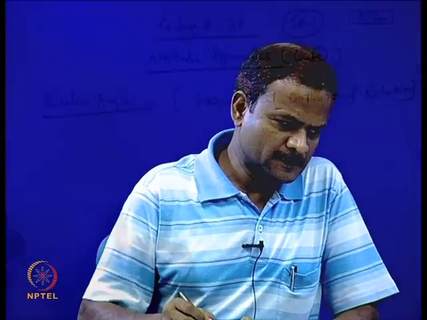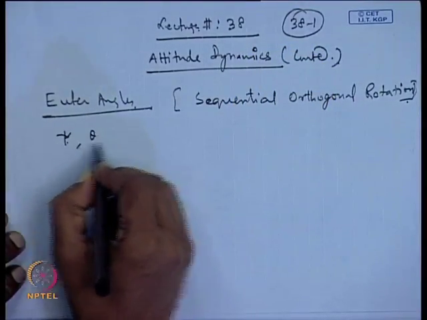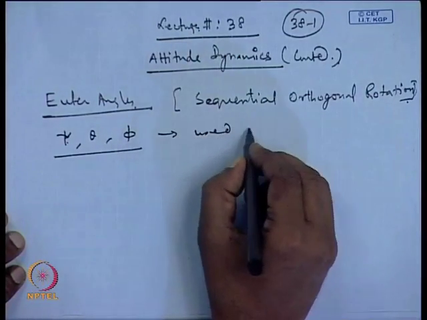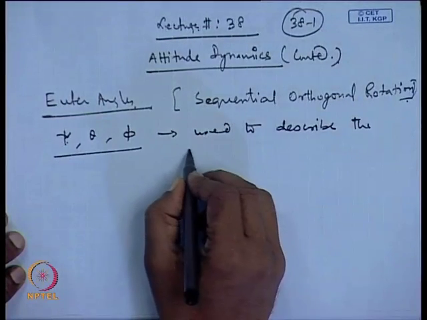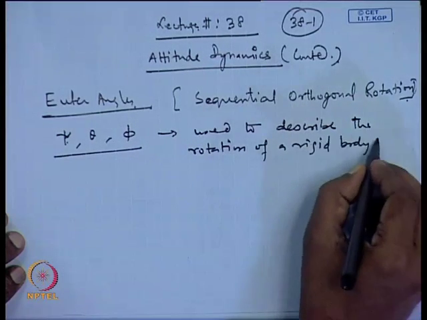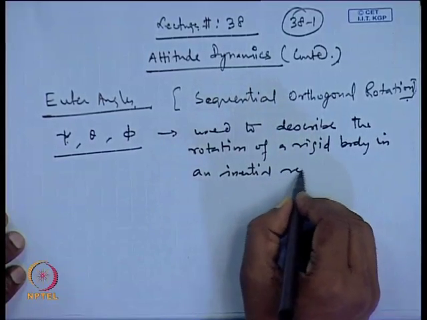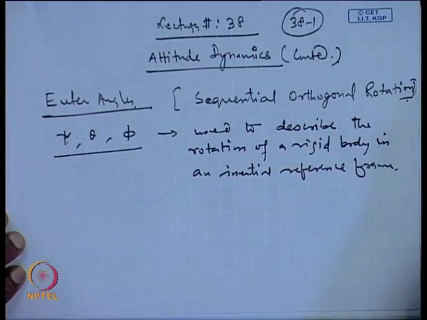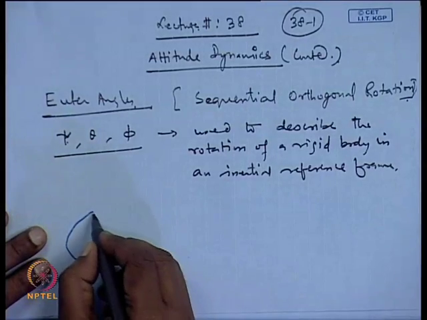In the Euler angles, we had the angles psi, theta and phi, which were used to describe the rotation in an inertial reference frame. In that context we were looking into this picture.